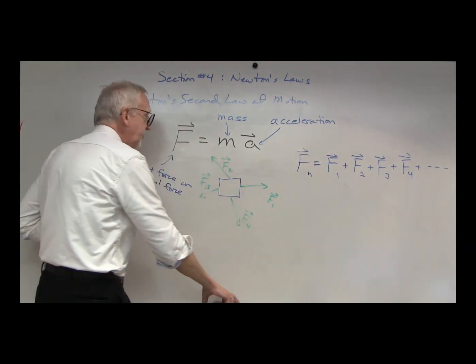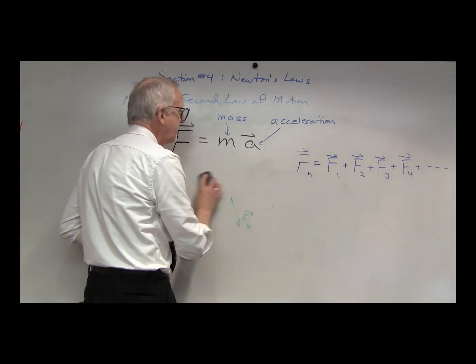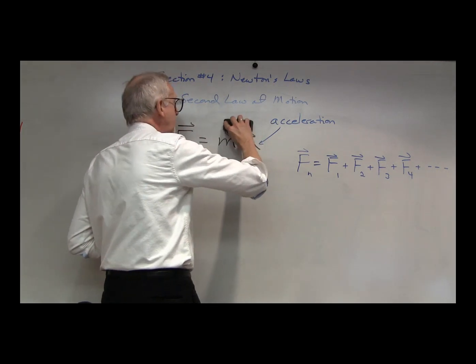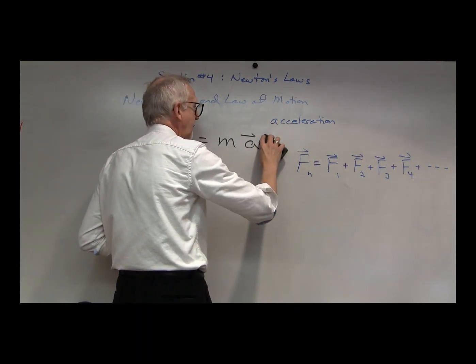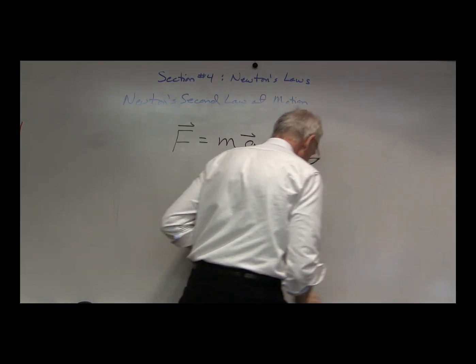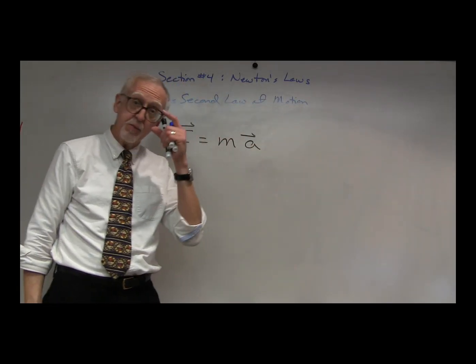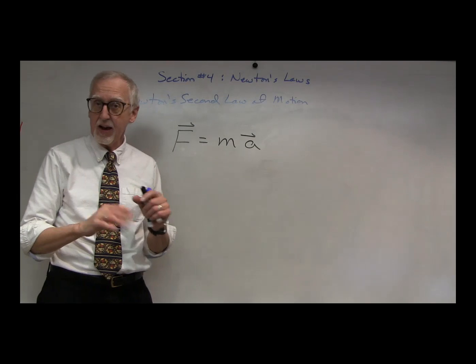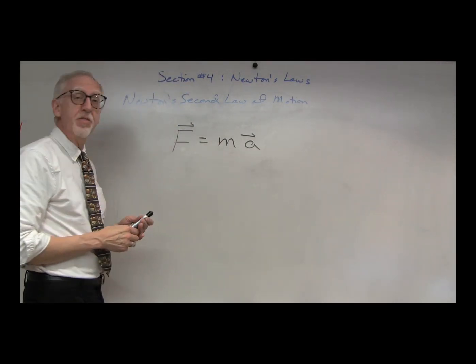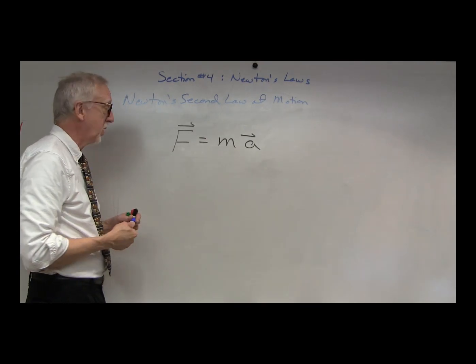What I want to do is think about this equation, because there are different ways that we can look at or use this equation. F equals ma. Force equals mass times acceleration. Keeping in mind that the force that we're talking about is the total or the net force acting on an object. We can think of this in terms of the magnitudes of these quantities.